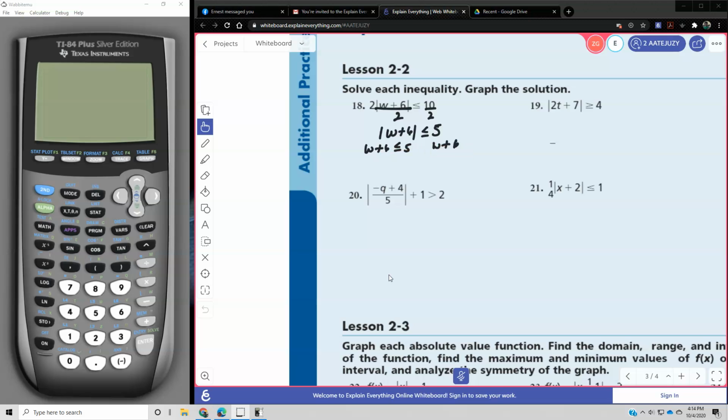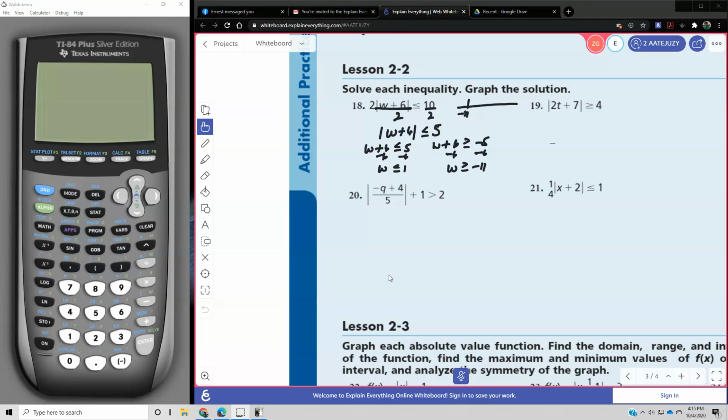And the other: w plus 6, now you have to change the inequality, greater than or equal to, and then instead of 5, it's going to be negative 5. Okay. You subtract 6 from both sides. So you have w is less than or equal to 1. And here you subtract 6 from negative 5, you have w is greater than or equal to negative 11. So the solution is w is less than or equal to 1 and w is greater than or equal to negative 11.